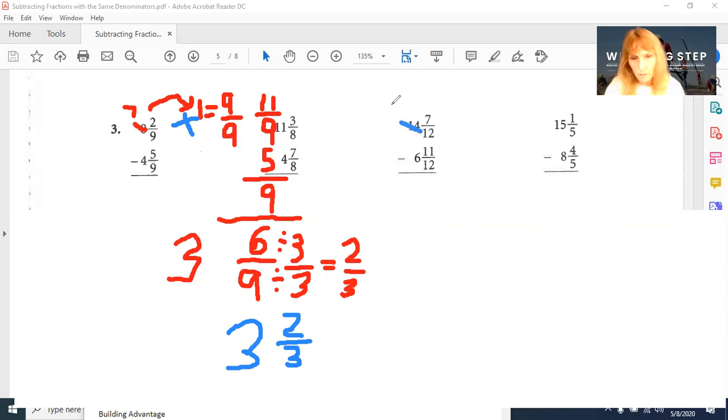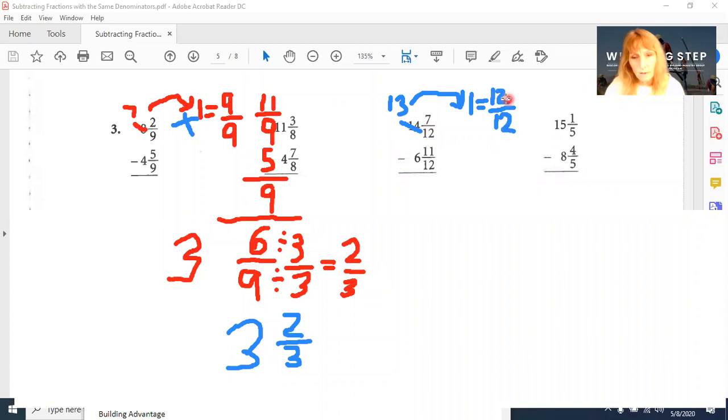So 14 becomes a 13. And I'm bringing 1 over. But I'm going to rewrite my 1 as 12 over 12. But I've already got a fraction there. I've got a 7/12 there.